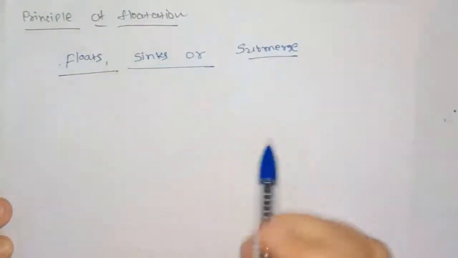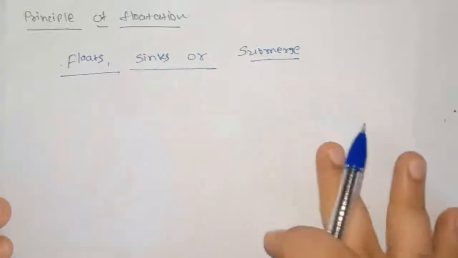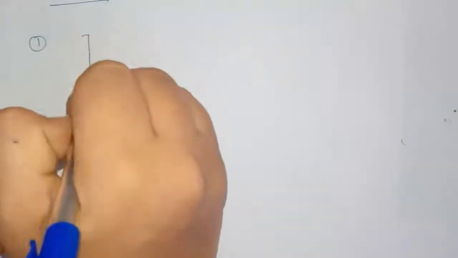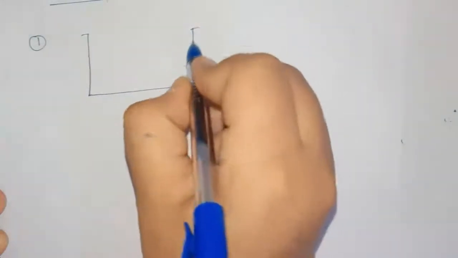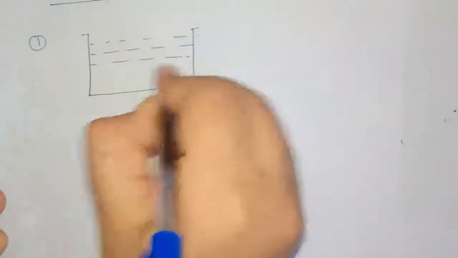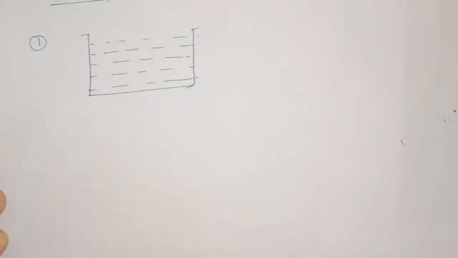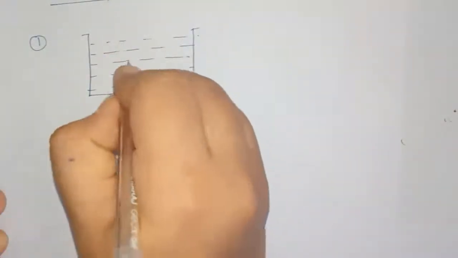So let us see when the body will sink, when the body will float, and when it will submerge. Let us see all three cases one by one. The first case is of sink. That means the object is at the bottom.